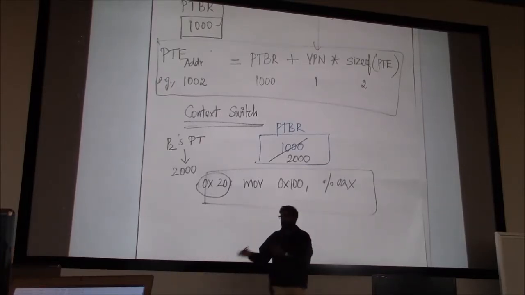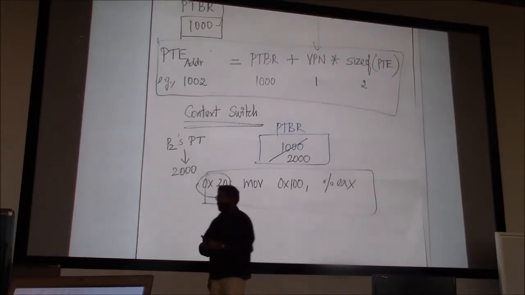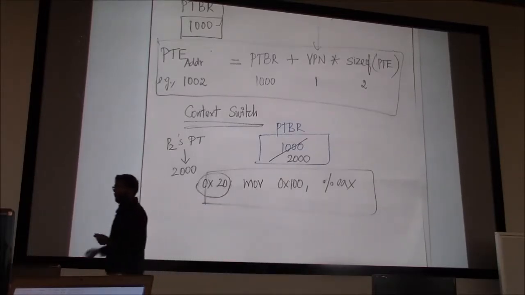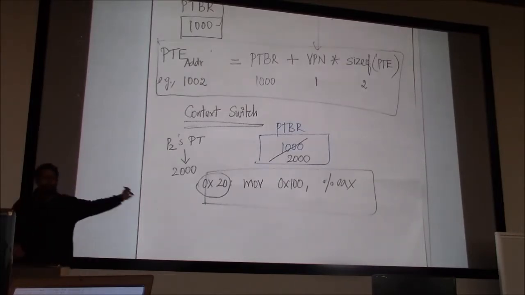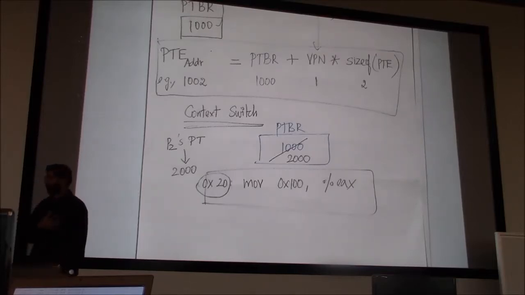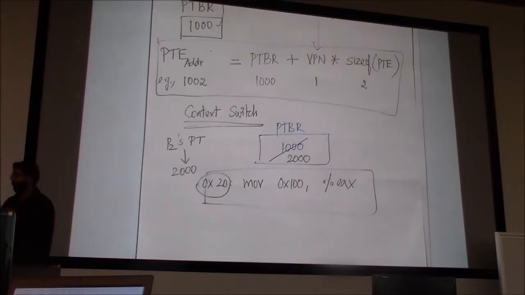But with paging, can you think of what will be the total number of memory accesses for this particular line of assembly code? So we are still assuming we just have a single linear page table. Exactly.